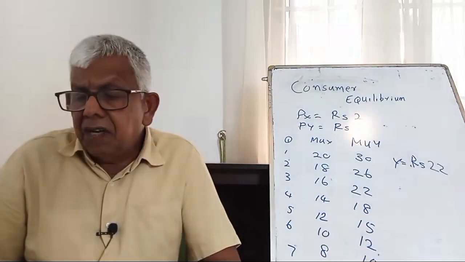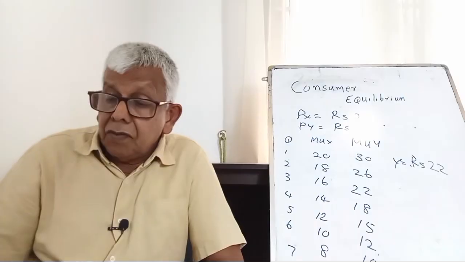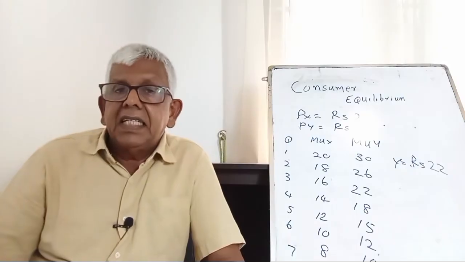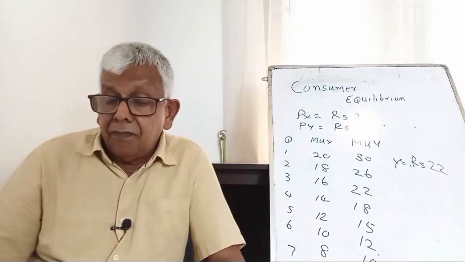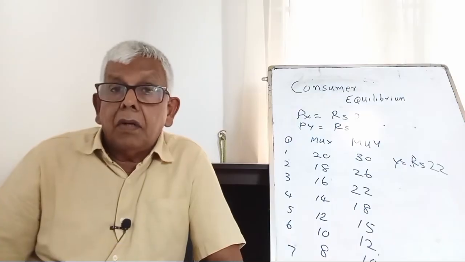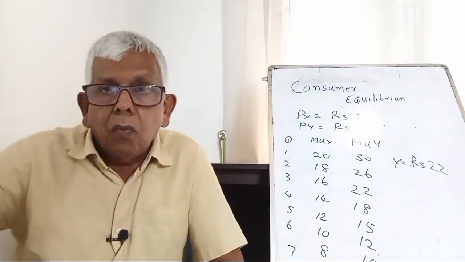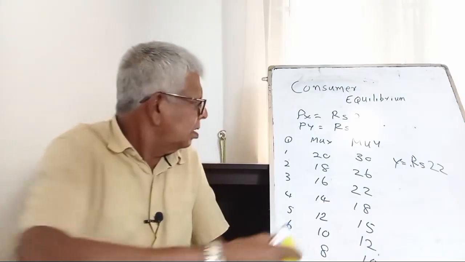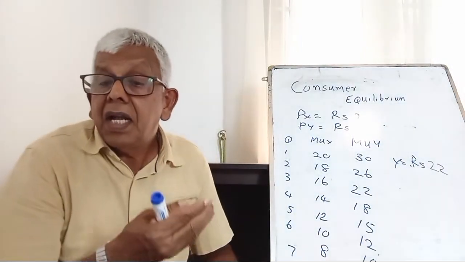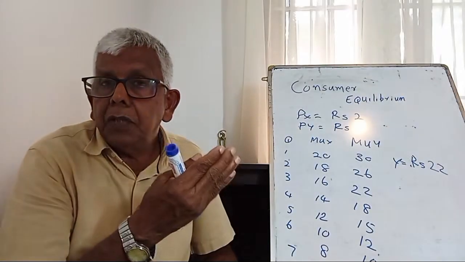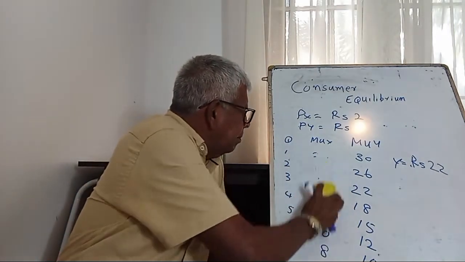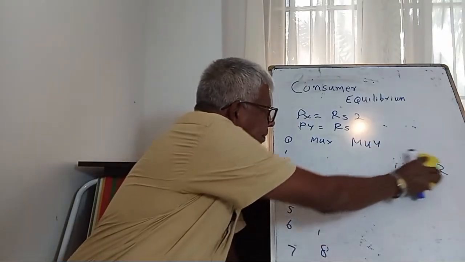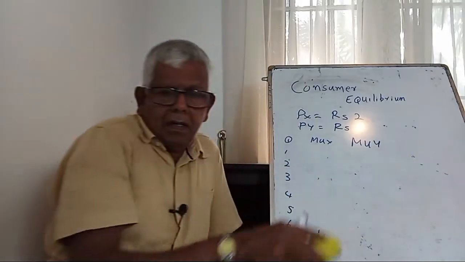If we divide the marginal utilities of X and Y by their respective prices, we can get the utility obtained for each rupee spent on X and Y. So we get MUx divided by Px.